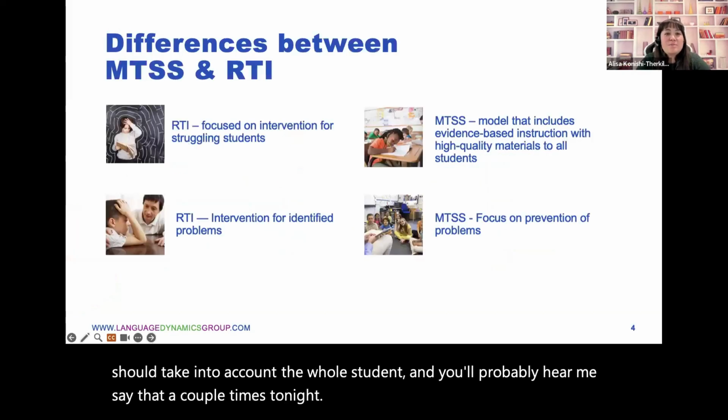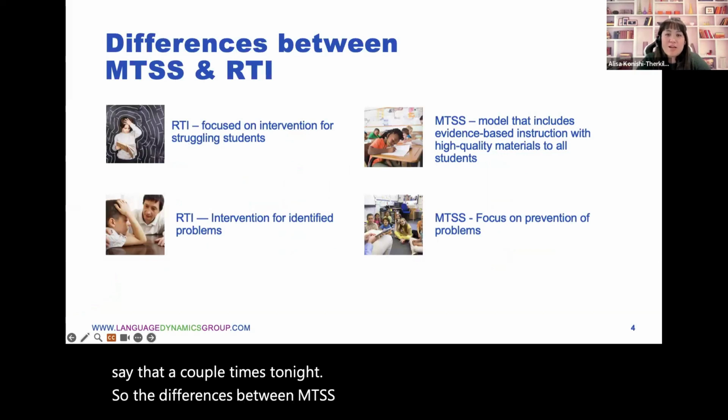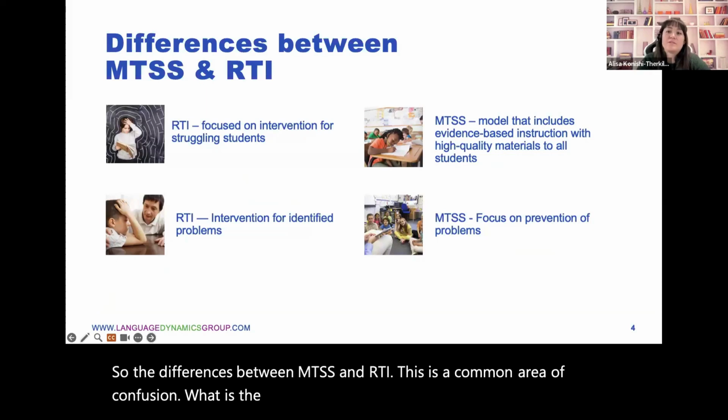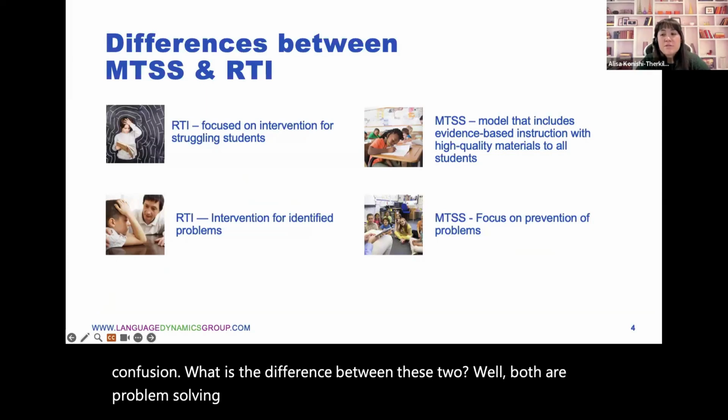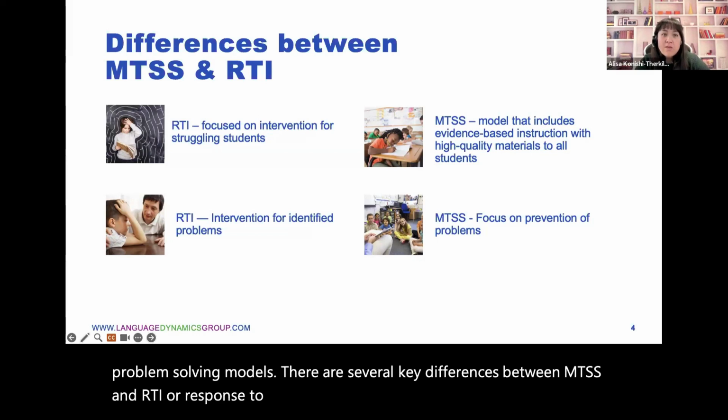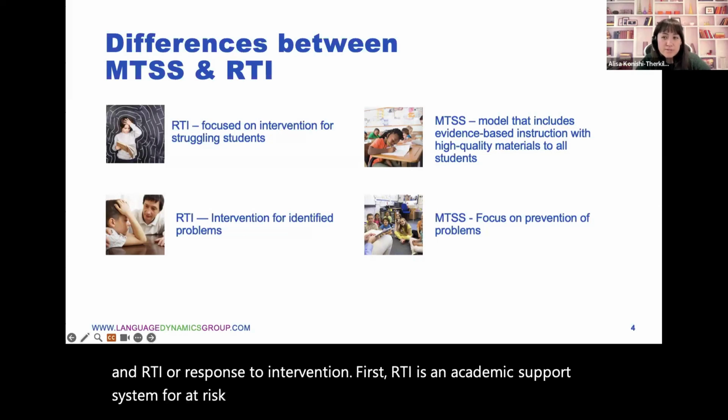So the differences between MTSS and RTI. This is a common area of confusion. What is the difference between these two? While both are problem-solving models, there are several key differences between MTSS and RTI, or response to intervention. First, RTI is an academic support system for at-risk or struggling students.